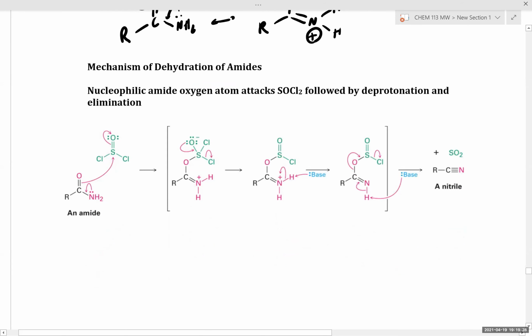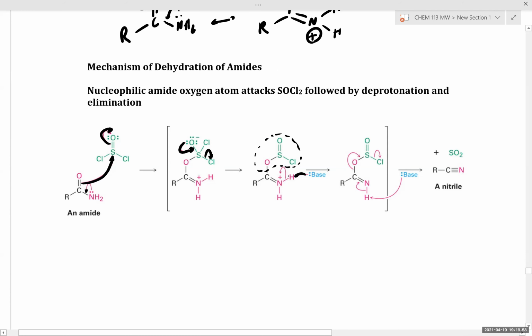Okay, so in this case, looking at the mechanism for dehydration of an amide to yield a nitrile. In the first step, oxygen attacks your electrophilic sulfur atom of thionyl chloride. We then kick out chloride, and we've now activated our oxygen atom as a leaving group because we now have this chlorosulfonyl group.